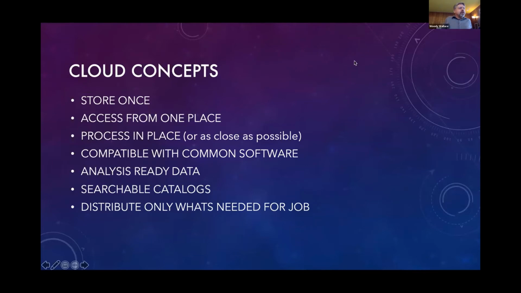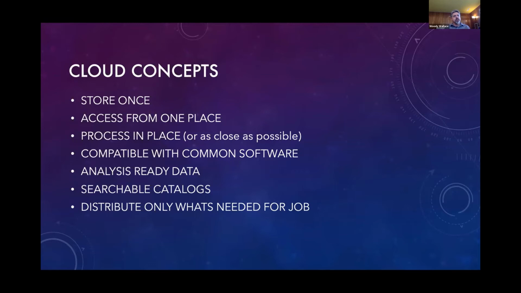So with data this large, it makes sense to store it in a place that has equally large storage capacity, and the major cloud vendors have that capability, and they also, because of the scale, are able to store that data at a relatively low cost. So there's a number of things that go into being able to take advantage of that data when it's sitting there in the cloud.